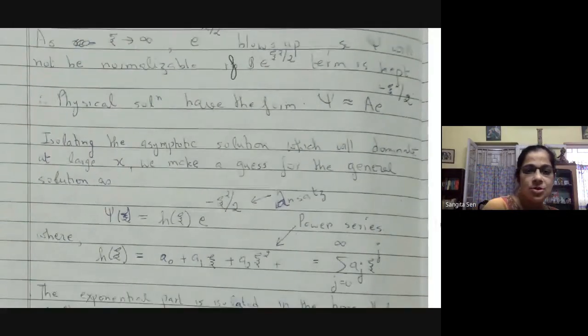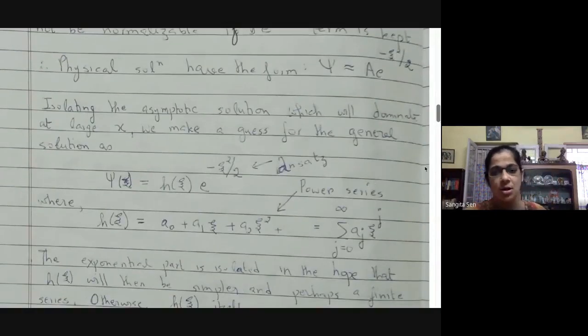To do that, we write a general solution in a product form: a general polynomial function, an infinite polynomial function, multiplied by this exponential quantity. This general polynomial function gives the name of the method of solution.